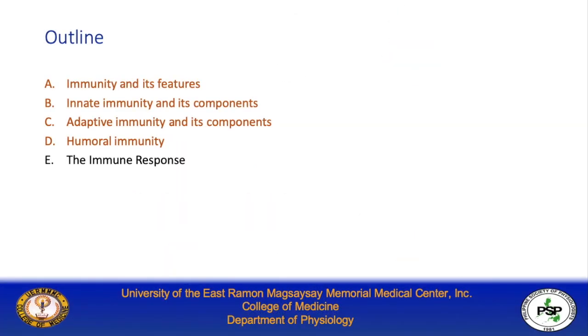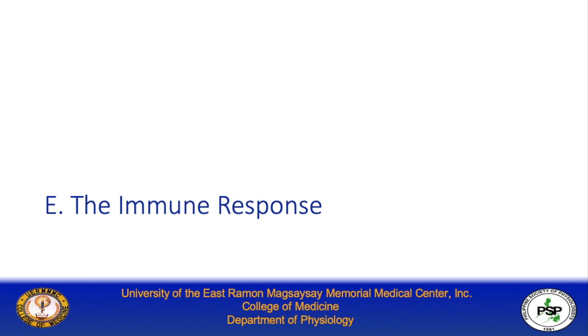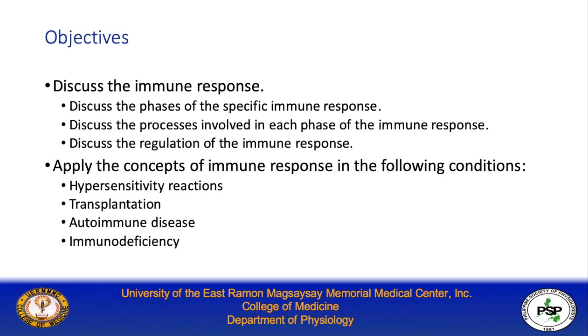Anyway, moving on. For this video, we will be talking about the immune response itself, the features of the immune response, or rather the phases of the immune response. The objectives: we will discuss the phases of the immune response, the processes in each phase, and the regulation of the immune response.